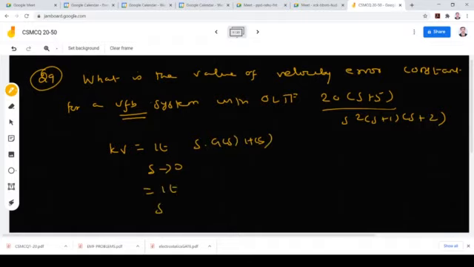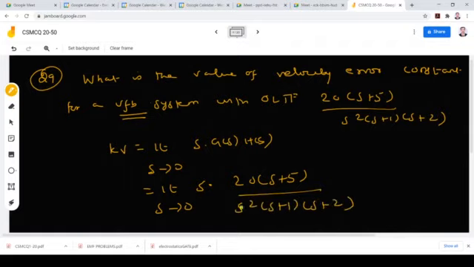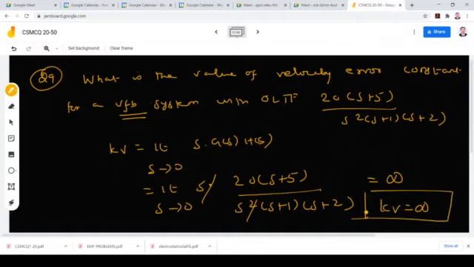So limit s tends to 0, s into 20(s plus 5) divided by s squared into (s plus 1) into (s plus 2). One s cancels. When you substitute s equal to 0, it will become infinity. So Kv is infinity. That is the answer.